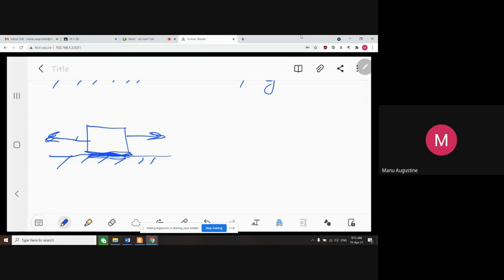And once again, as you can see, the resistance to motion comes from an external agency, that means at the interface of surfaces when the contact is made. So there is a coefficient of friction, and based on that, the force of friction comes out as mu into R, where R is the normal reaction.